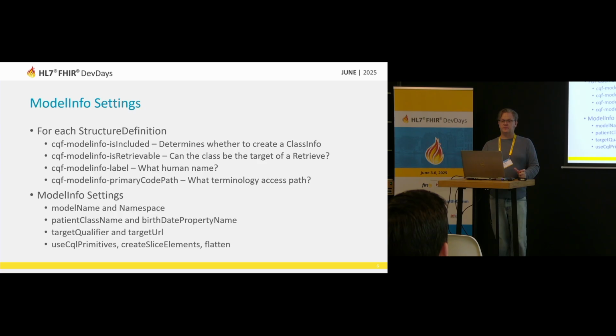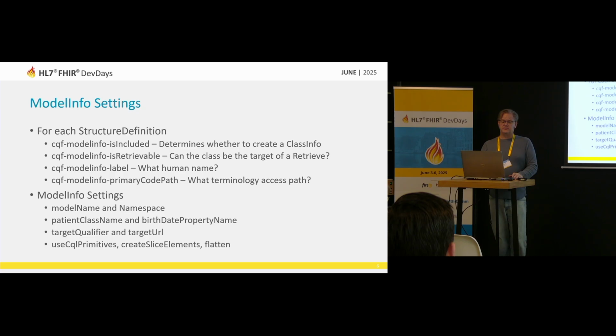Whether it's retrievable, so whether or not you can actually use that class inside a retrieve to actually get data. What human name, so you can actually set the label. If your profile is blood pressure and you want a space in there, you can put the label in to specify that. And then the primary code path, so what your terminology path is, that can all be specified with structure definitions.